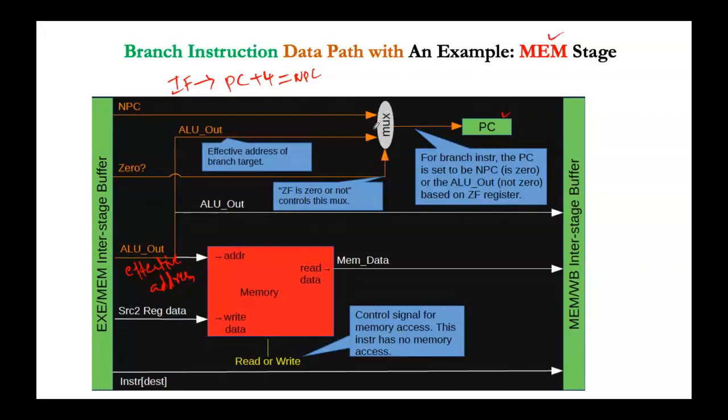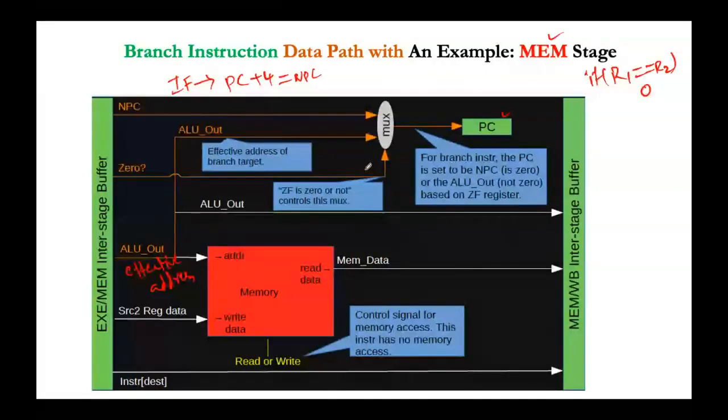Whether it is the same branch or the next one depends on the zero flag register. Suppose we compare two values, R1 equal to R2, and the result is 0; if it is 0, the branch will be taken.